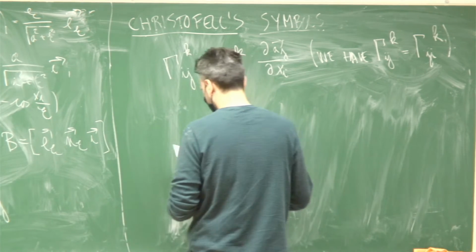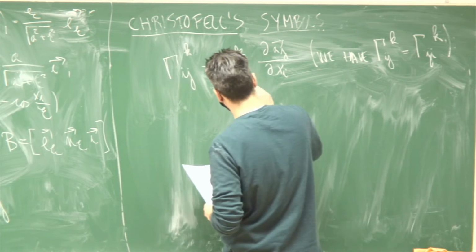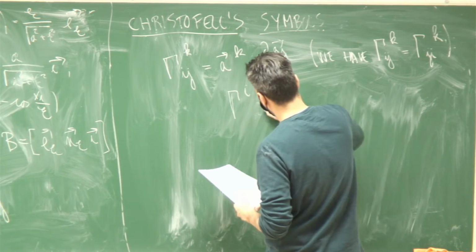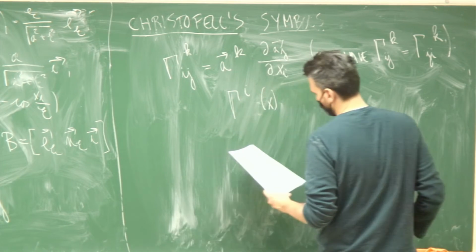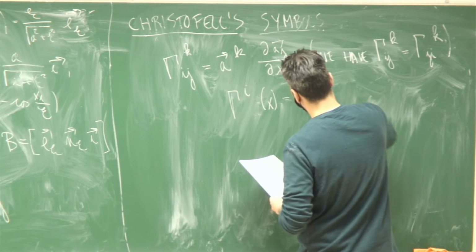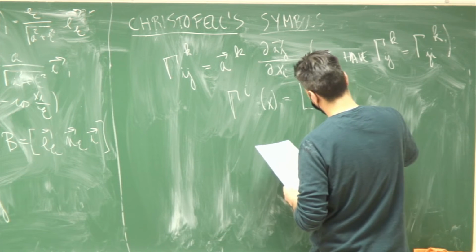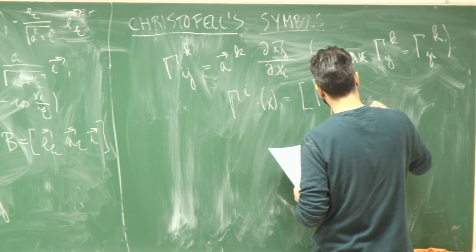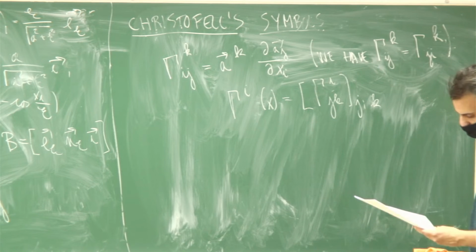Okay, and you know this in the following way. This gamma is basically this matrix.